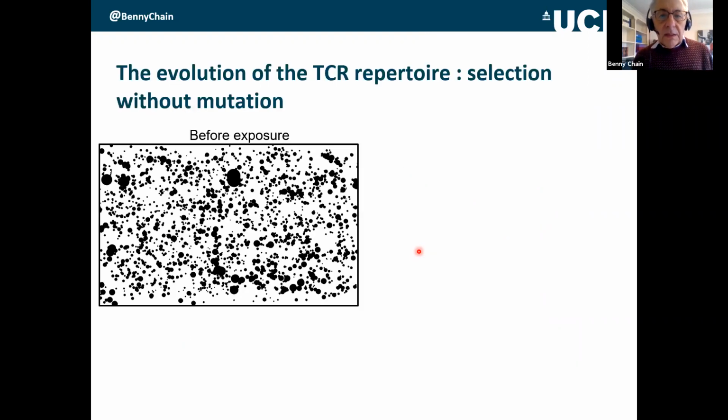So if we think about the evolution of the T cell repertoire, here's just a representation, though don't take this picture too literally. Imagine that each of these dots is a T cell receptor, and the size of the dots is a measure of how many T cells in the body are carrying this particular receptor.